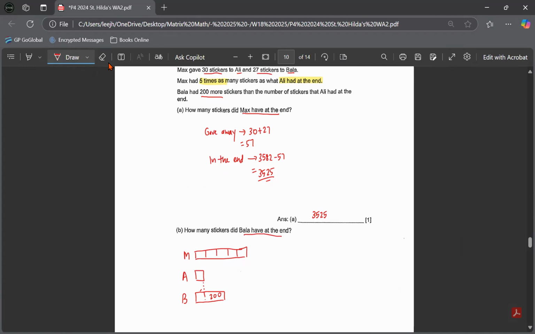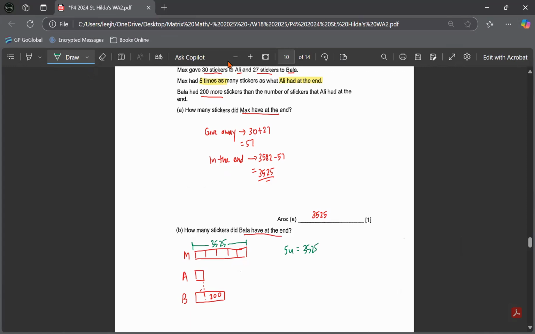So remember, you don't have the total for everyone. You only have the total for Max, which is 5 units. And how many did Max have in the end? 3,525. So from here, use Max's value to calculate to Bala. So you can see 3,525 is 5 units.